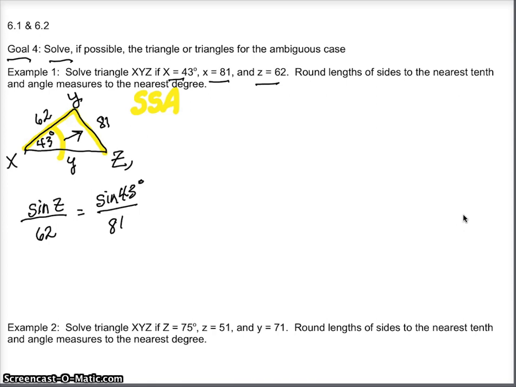So I have my proportion. There's only one variable, so I know that I can use the law of sines. So I'll isolate sine of Z, and now take a moment and type 62 times the sine of 43 degrees divided by 81 into your calculator.